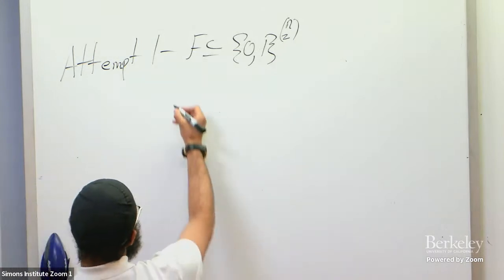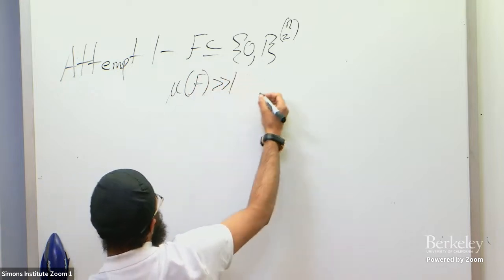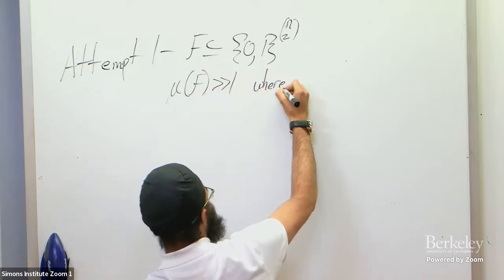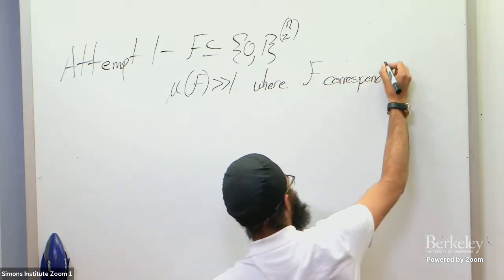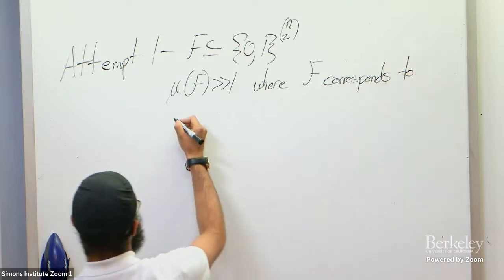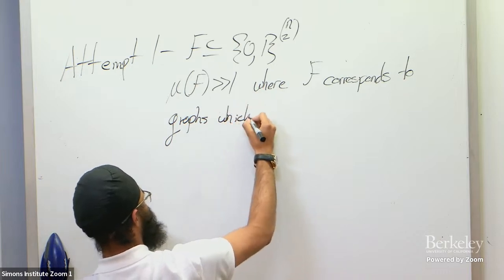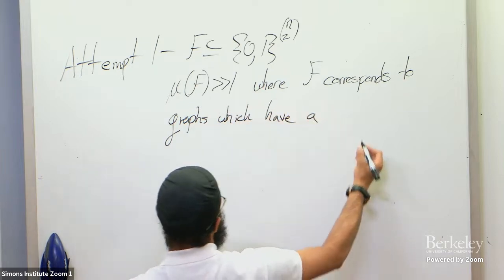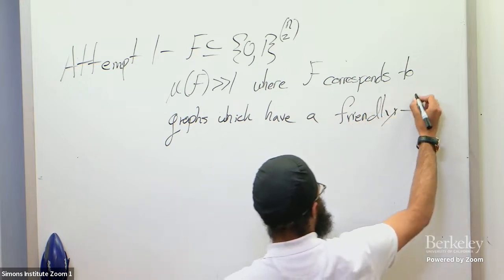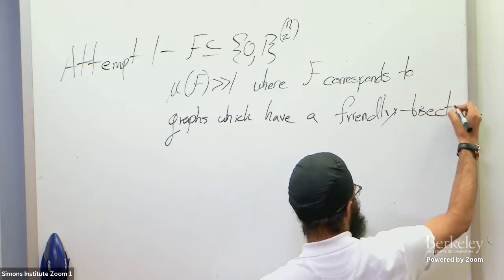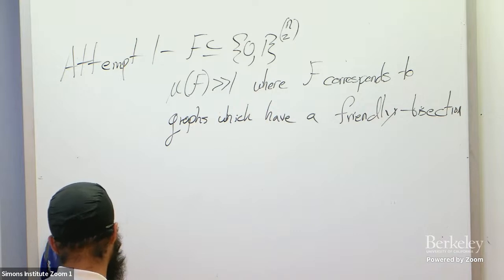And so we know that, let's say, the measure of F is greater than 1, where F corresponds to graphs which have a friendly bisection. This is just an equivalent way of writing the conclusion of the second moment method on the other board.